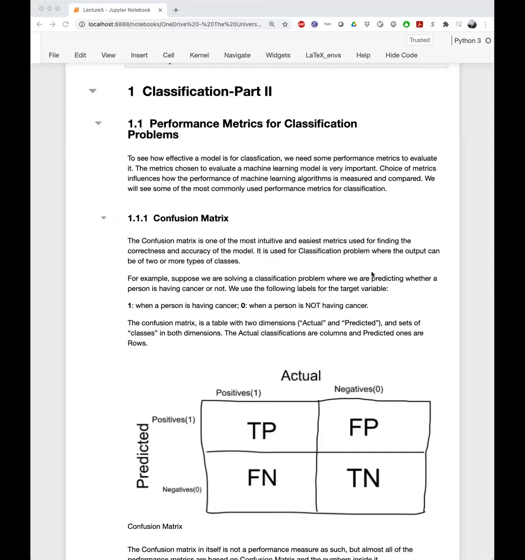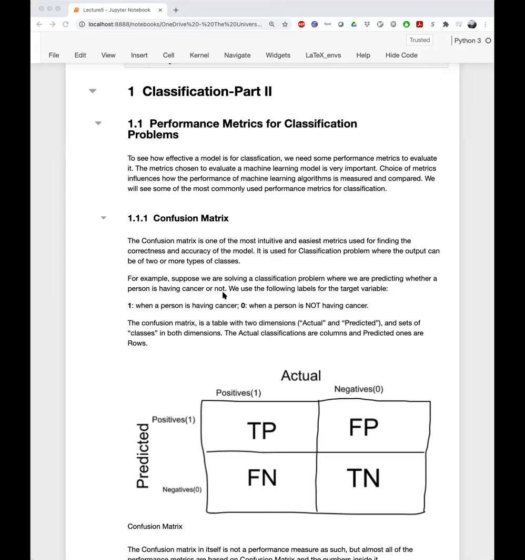So here we're talking about binary classification. We'll use one example that will help us better understand different performance metrics. The example is a classification problem where we want to predict whether a person has cancer or not.